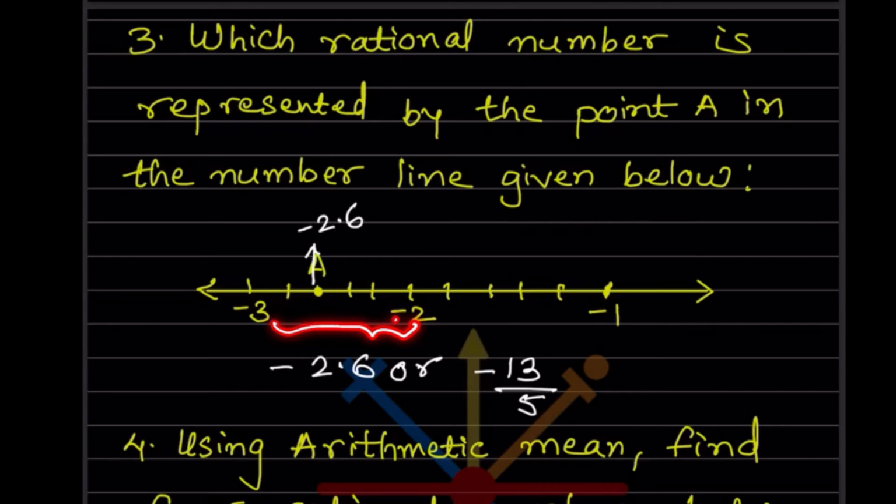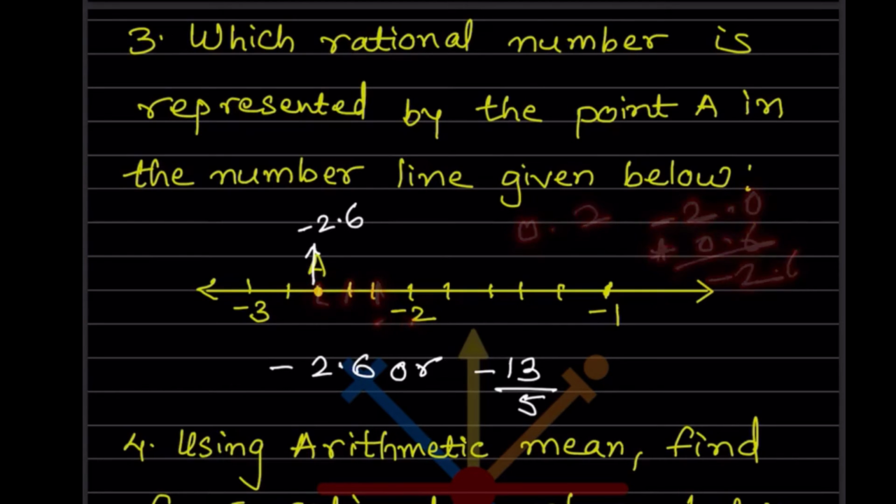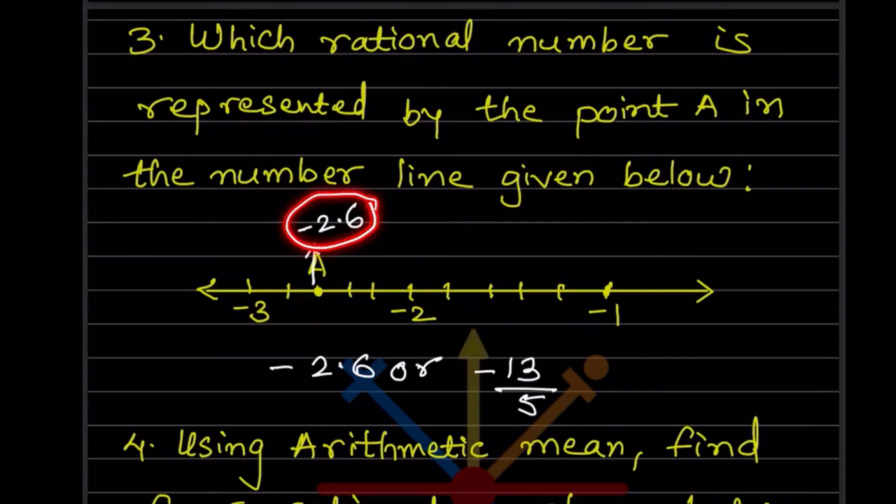So 1 part is going to be 0.2. Now this is 0.2, 0.4 and 0.6. So minus 2 plus 0.6, this is going to be minus 2.6. So minus 2.2, minus 2.4, minus 2.6, minus 2.8, and this is going to be minus 3. So this point is going to be minus 2.6.